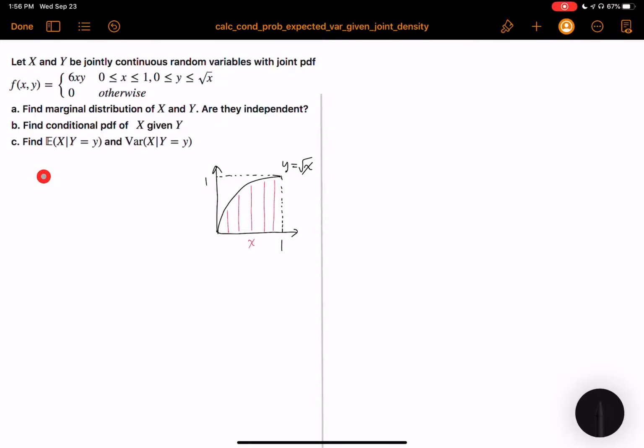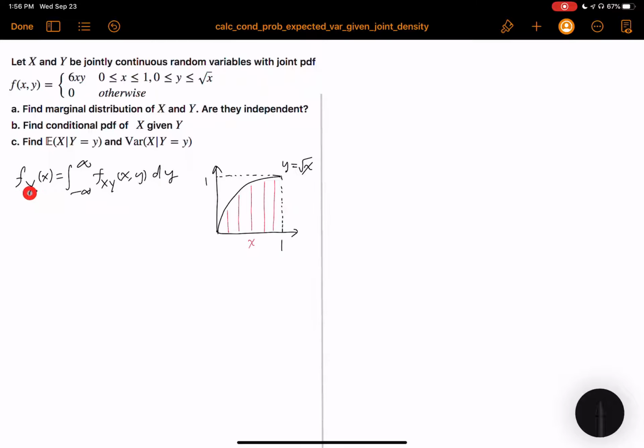So the marginal density of X, for example, is equal to the integral from negative infinity to positive infinity of f_XY(x,y) dy. When we calculate the marginal density of X, given the joint density, we need to integrate out the Y, right? That's the general formula.